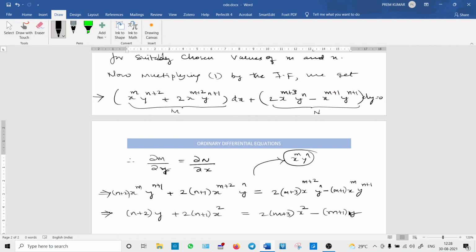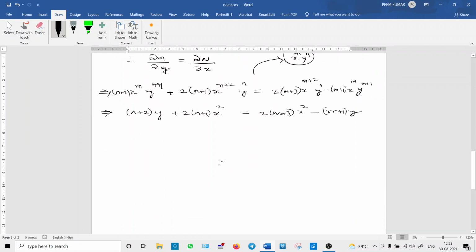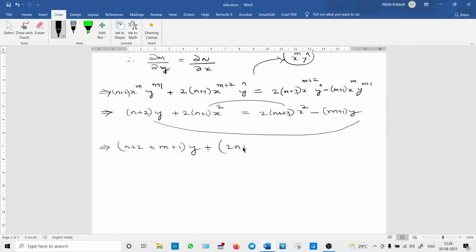Okay. So now you group these two terms together and then group these two terms. So what happens? Bring this left hand side: y n plus 2 plus m plus 1 into y plus 2n plus 2 minus 2m minus 6 into x square equal to 0.